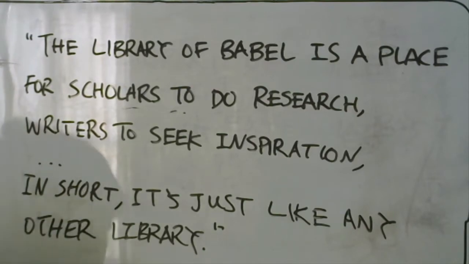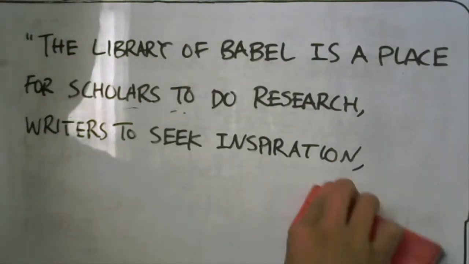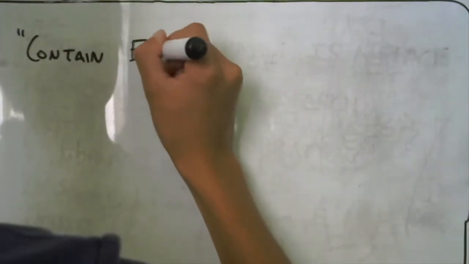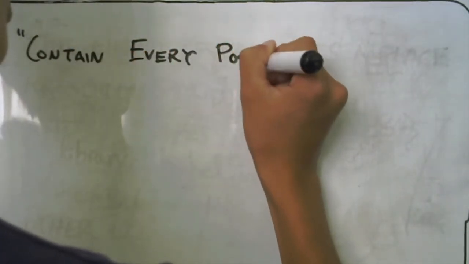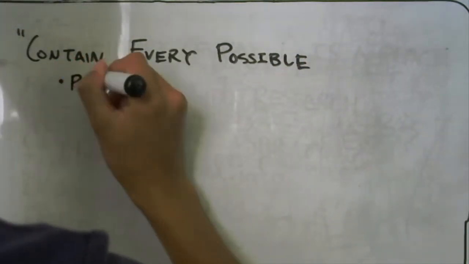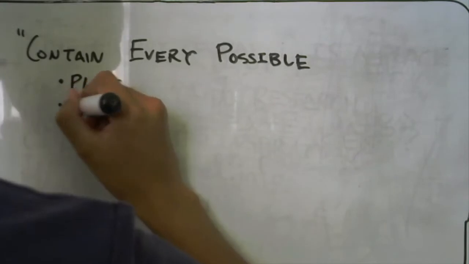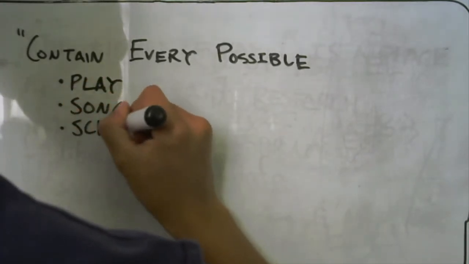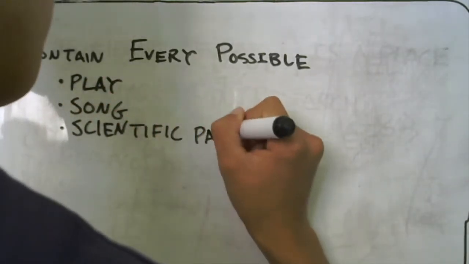This library contains every possible piece of English text, or text written in the Latin alphabet, of a certain length. The fascinating thing, or a fascinating thing about this idea, is that this kind of library would contain every book that has ever been written, every book that ever could be written, including every play, every song, every scientific paper.